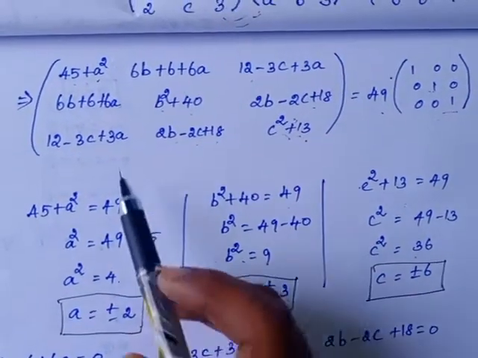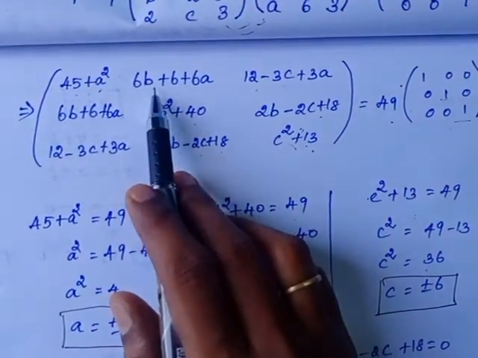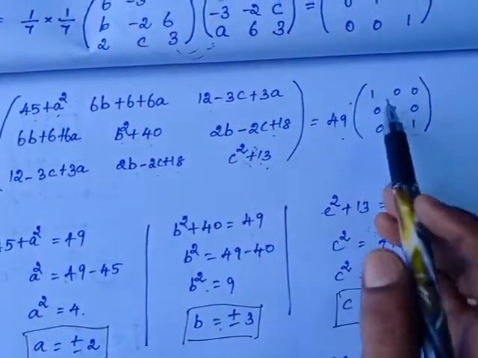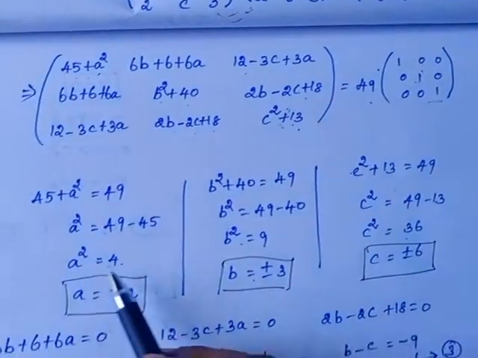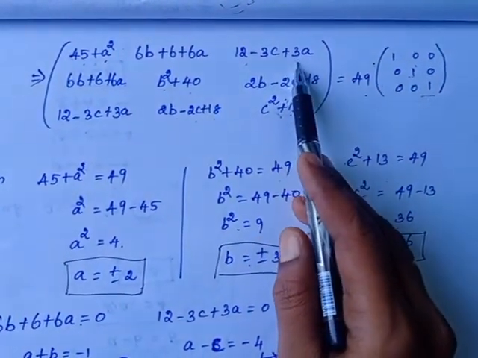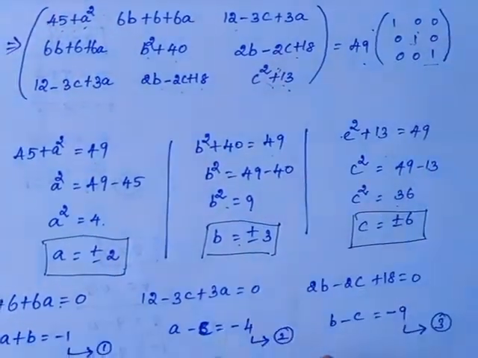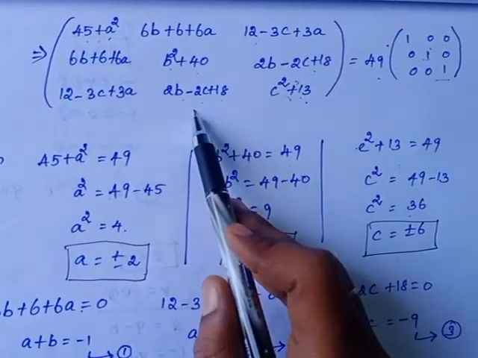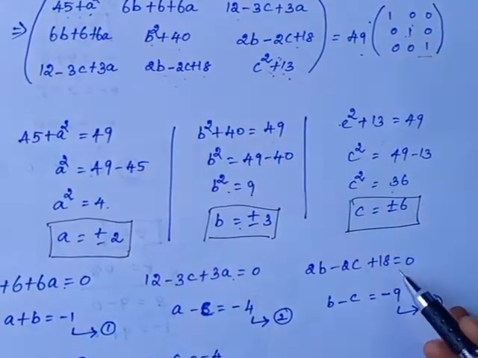Now I want to equate the other relations. 6B plus 6 plus 6A is equal to 0, and 12 minus 3C plus 3A is equal to 0. The next one, 2B minus 2C plus 18 is equal to 0.